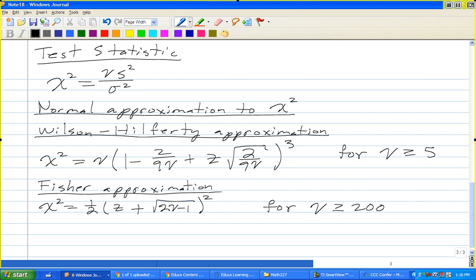Okay. We also have the chi-squared approximations to z.